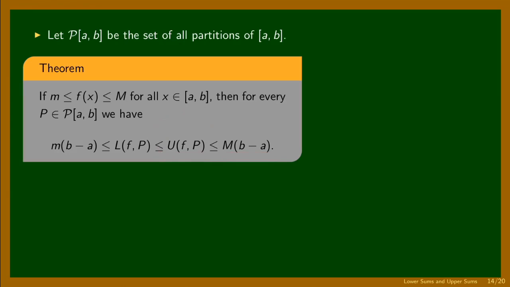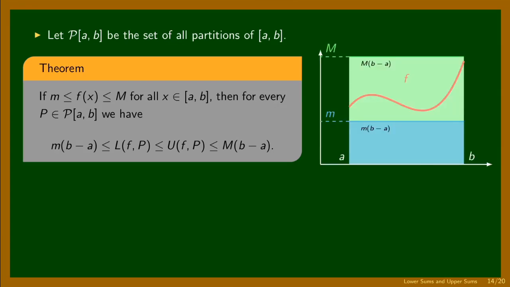So it means that even though yung L(f,P) ay papalaki habang dinadagdagan mo yung points in the partition, hindi siya makakaabot ng infinity kasi it's always bounded above by big M times (b minus a). Similarly, kahit na yung upper sum ay papaliit habang nagdadagdag ka ng points in the partition, hindi naman siya makakaabot ng negative infinity because it will always be bounded below by m(b minus a).